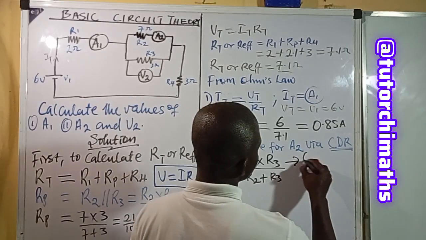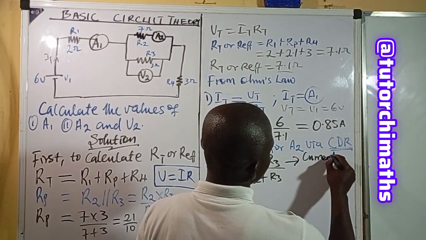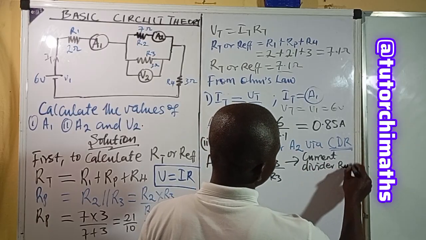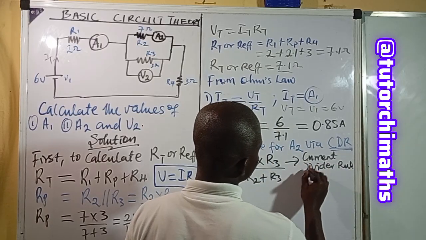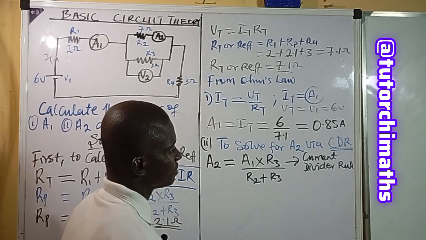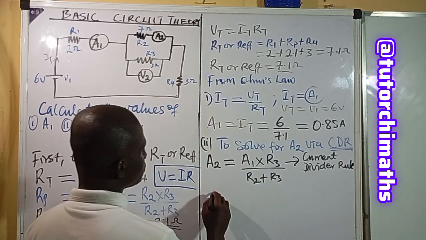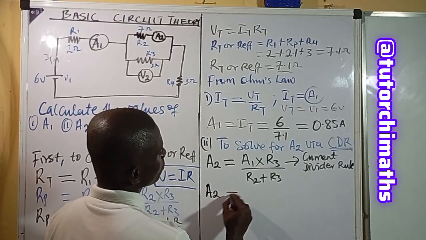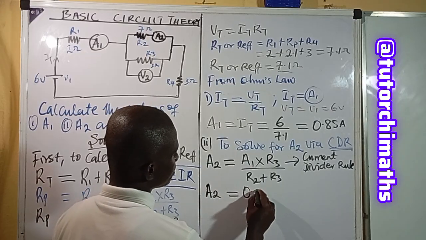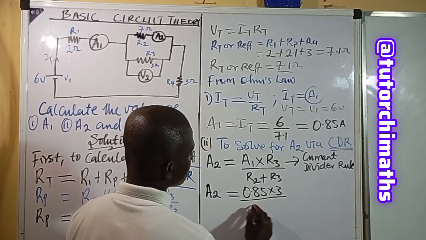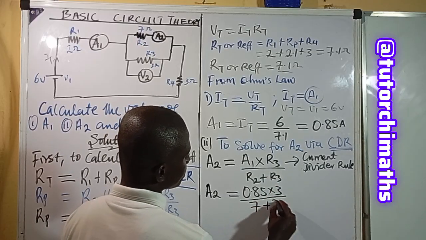That is the current divider rule. Substituting, A2 will be our A1, already 0.85, multiplied by R3, which is 3, divided by 7 plus 3.